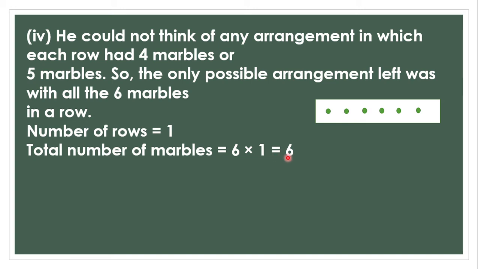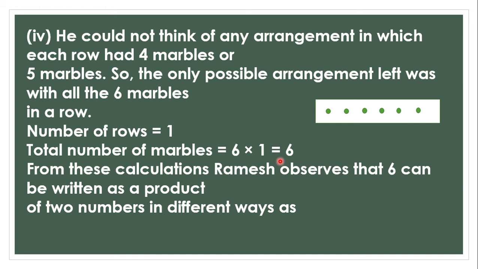So what was the common thing you were observing? Whatever we multiplied, we were getting the answer as 6. So from these calculations, Ram observes that 6 can be written as the product of two numbers in different ways.